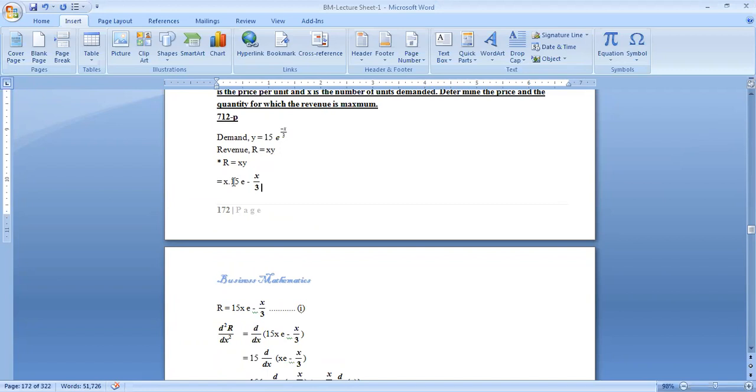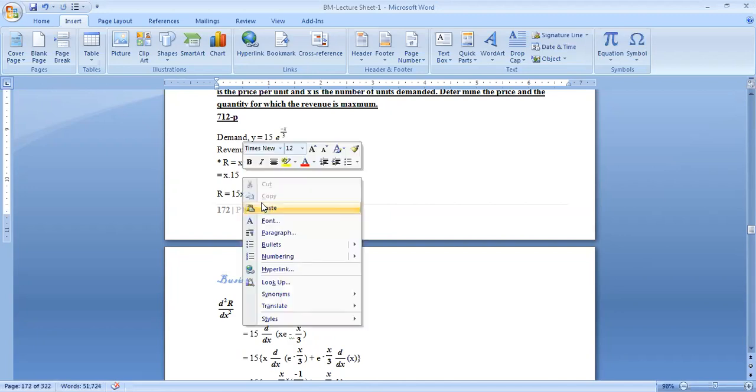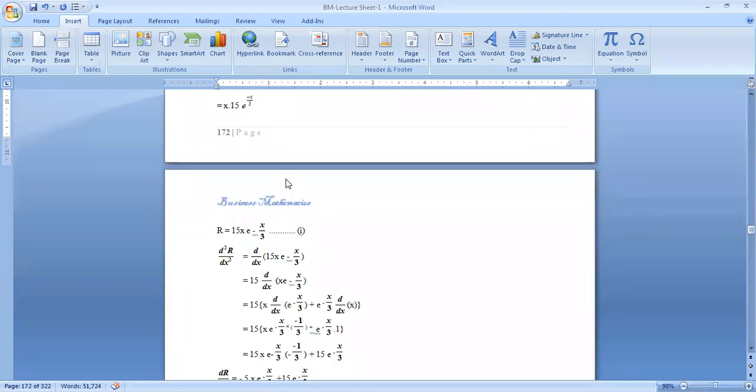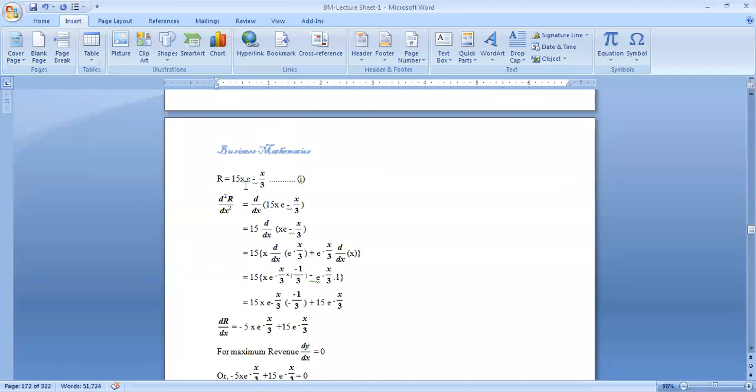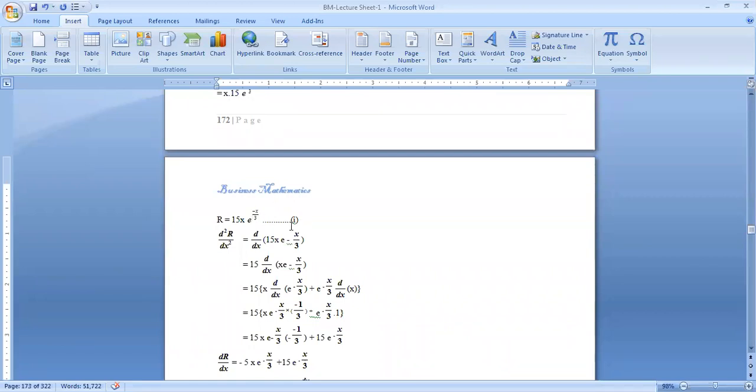Therefore R equals x into 15 e to the power minus x by 3. This is the total revenue, R equals 15x into e to the power minus x by 3. This is equation number 1.